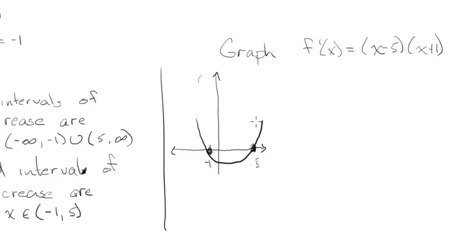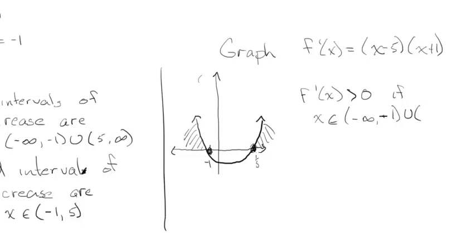I just want to know where this function is positive and where it is negative. It's positive whenever the graph is above the x-axis. So f prime at x is positive if x is less than -1, or bigger than 5.